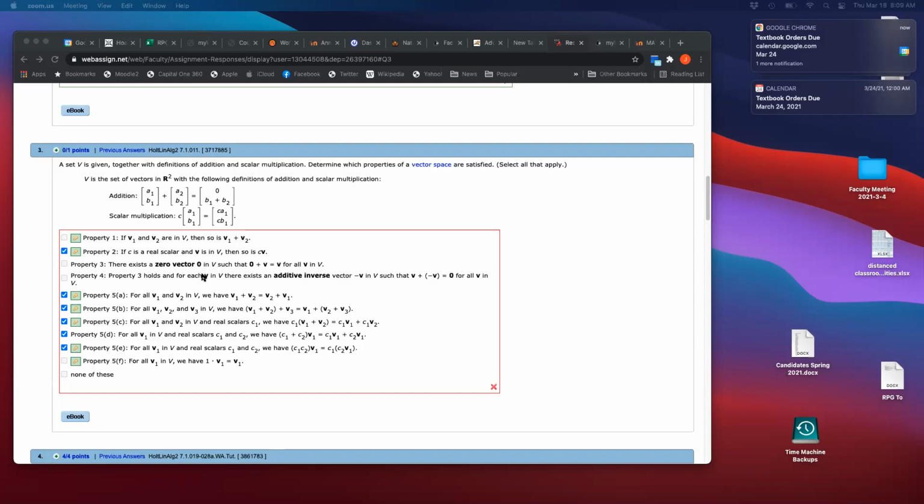Give me just a moment to share my other screen. Let's see. Maybe. Nope. I always have to figure out how to do this. There we go. All right. I'm going to have to stop sharing this screen so I can share my other screen, but I'll walk us through what is needed here.